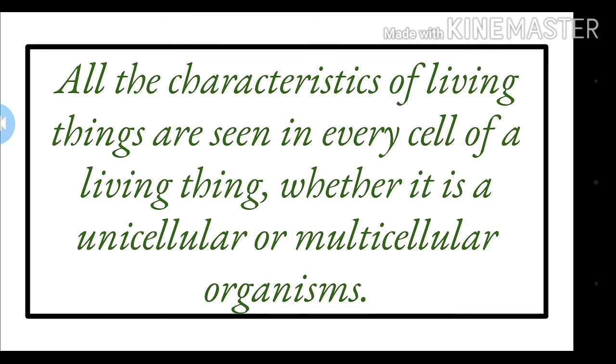And all these characteristics are very important. Now we learned that cellular structure consists of two main terms, unicellular organisms and multicellular organisms, and we also saw examples of both.